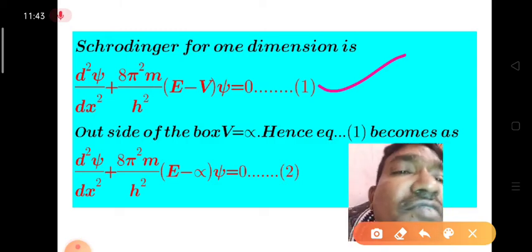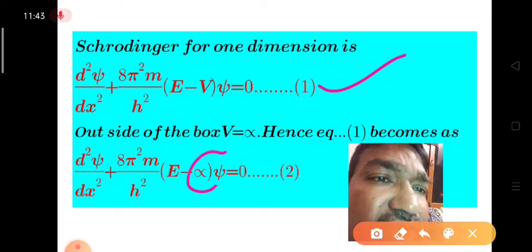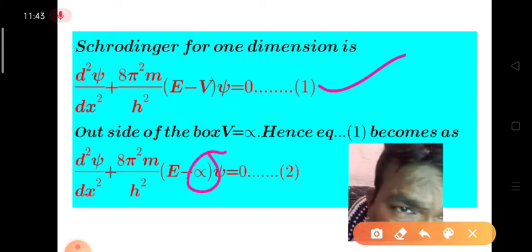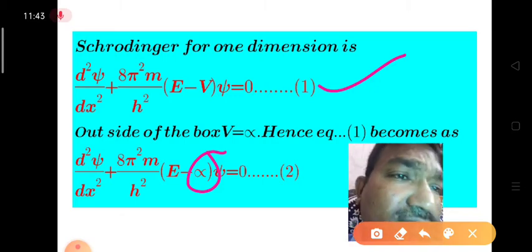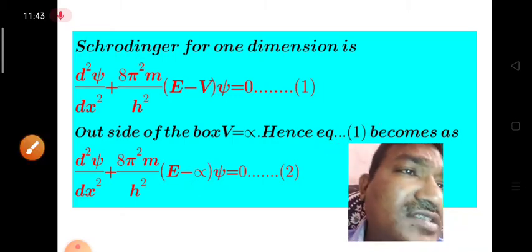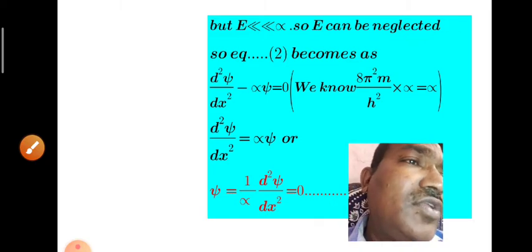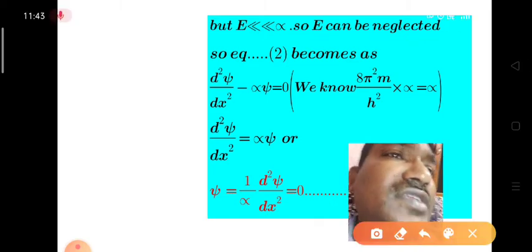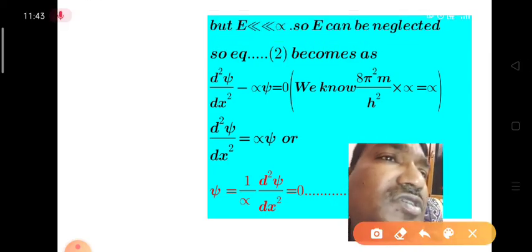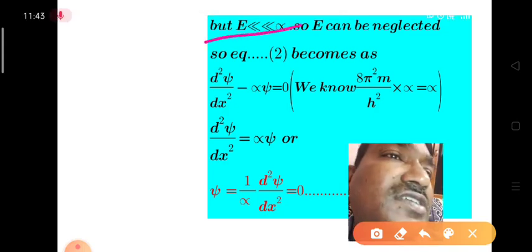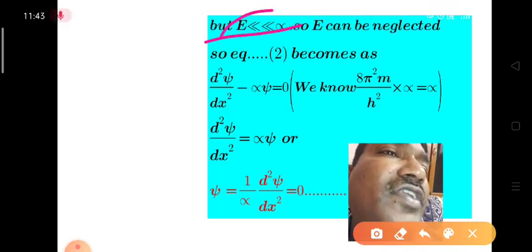In the place of V, we will write infinity. As compared to the infinity value, the energy value is very small. This energy value is less compared to the infinity value.